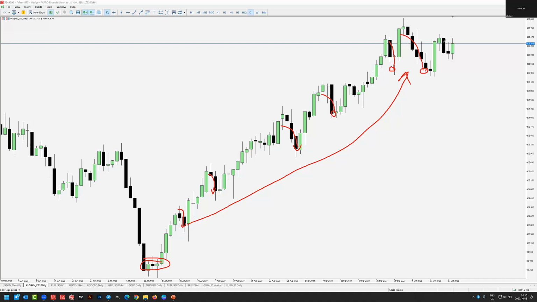You can clearly see that every down candle is retracing into discount. Every down candle is retracing back into a discount array, and then it finds support, and then it pushes to the upside.